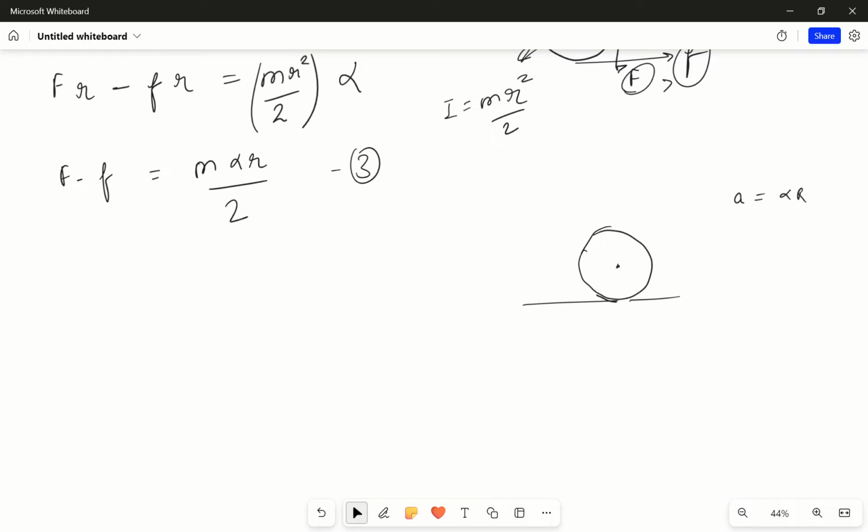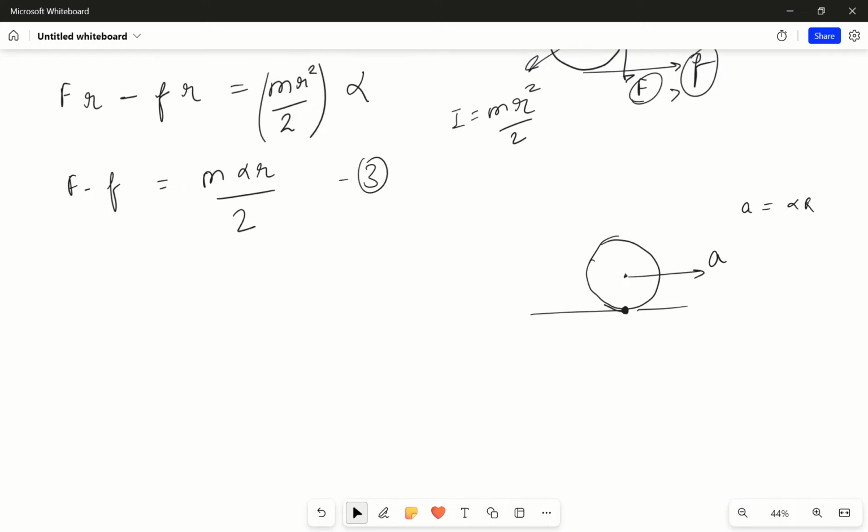Because this point is in motion, this point is at rest, so its acceleration would always be zero. The acceleration of the center of the cylinder is a, and its angular acceleration is alpha. So a minus alpha r would be equal to 0. So a equal to alpha r.